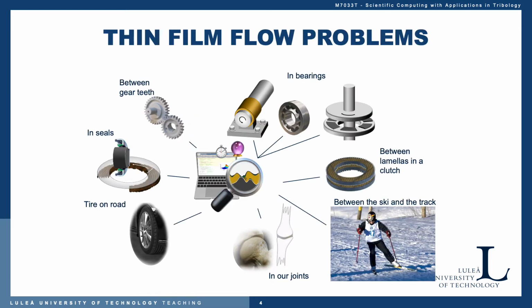You were already introduced to these thin film flow problems, in which at least some of you will also encounter hydrodynamic cavitation. For example, in gear teeth lubrication, in bearings, in our joints, perhaps not so much between the ski and the track, some between the lamellas in a clutch, and in the tire and road interface, of course.